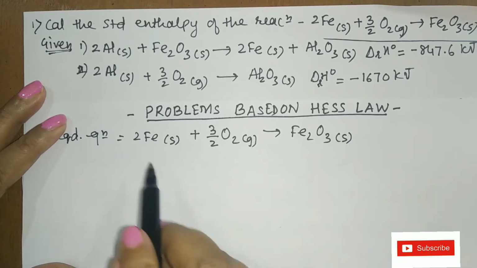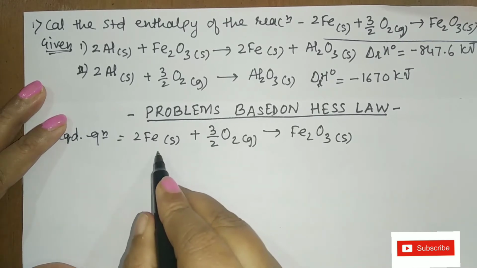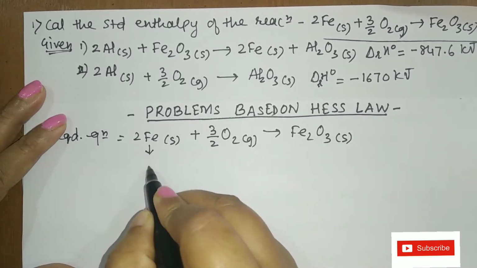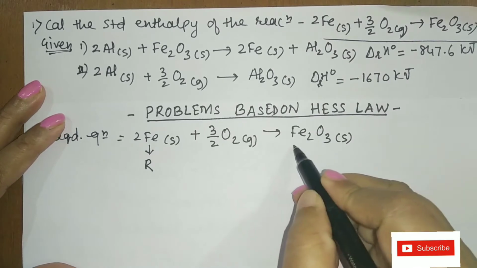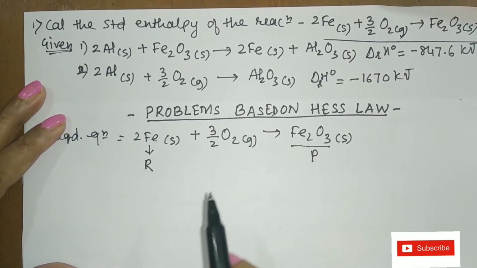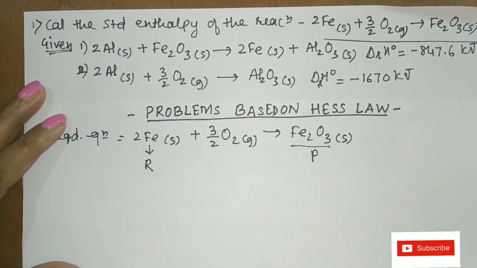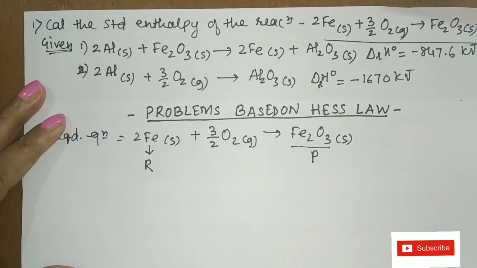I want Fe on the reactant side and I want Fe2O3 on the product side. Always remember, never ever take efforts to balance oxygen because it gets balanced automatically at the end of the reaction.